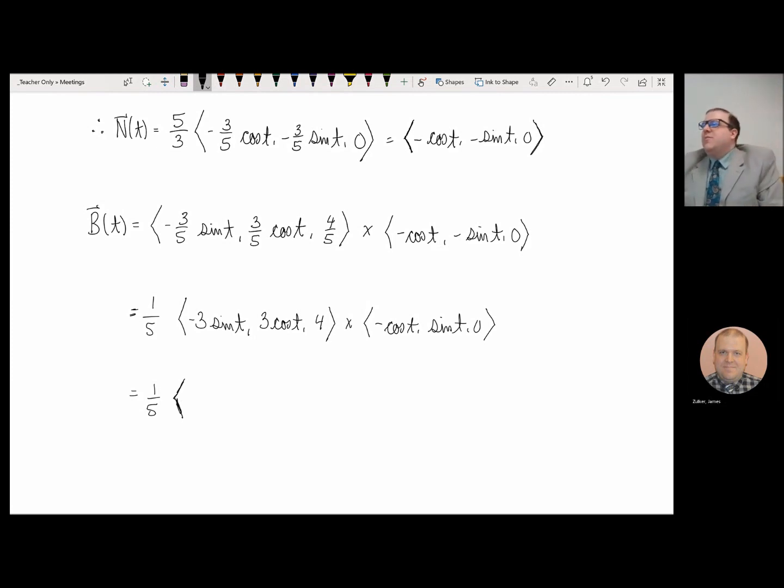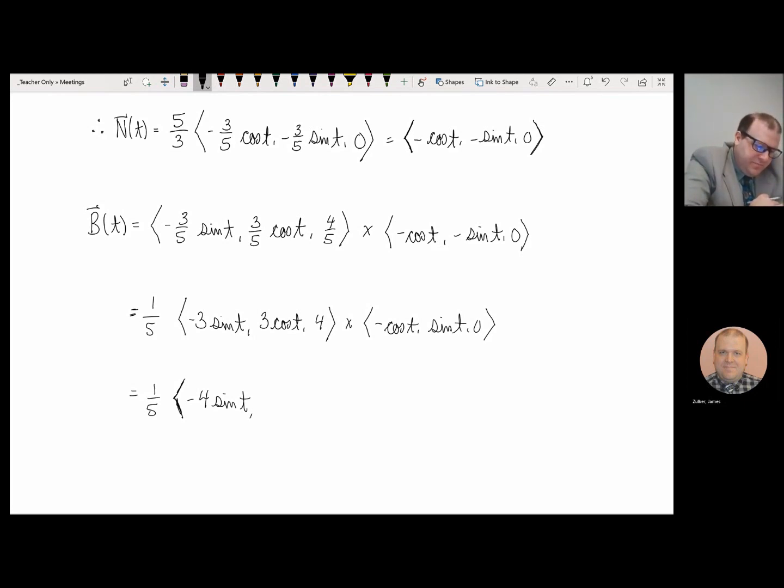Not necessarily to factor out that 1/5. I just don't feel like working with fractions in the cross product. First component would be what? -4 sine of t, right? 0 minus 4 sine t.